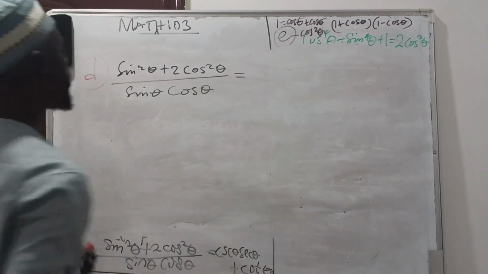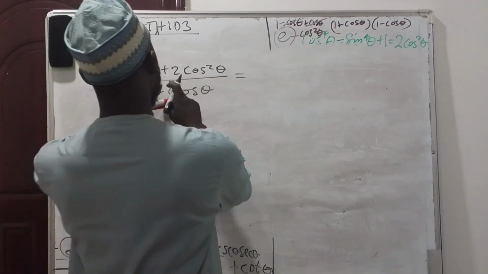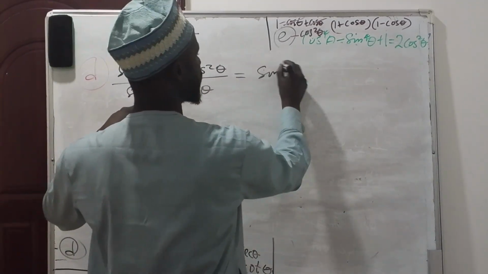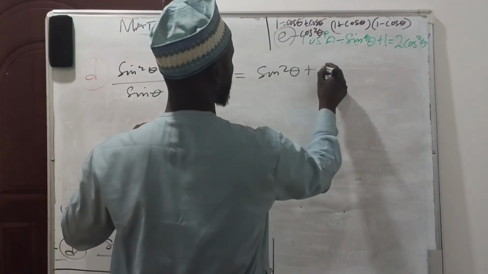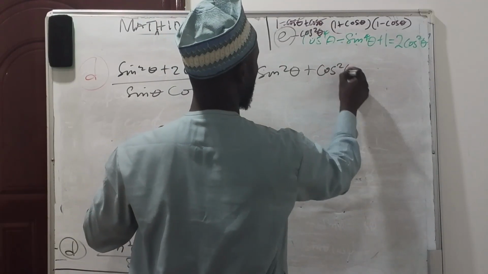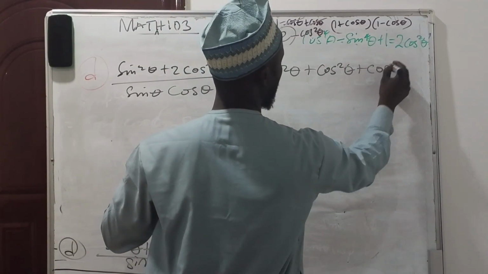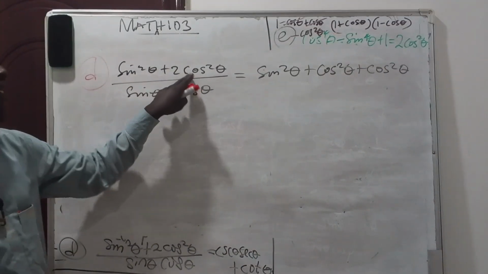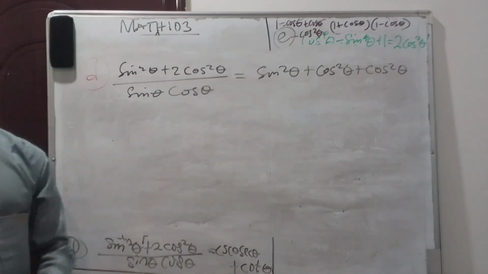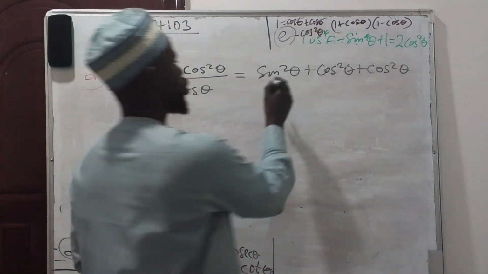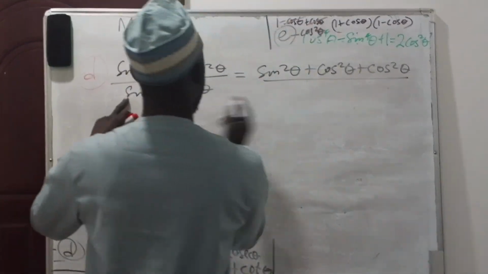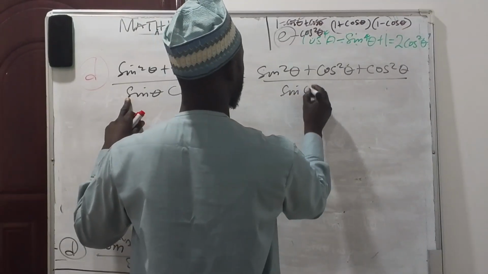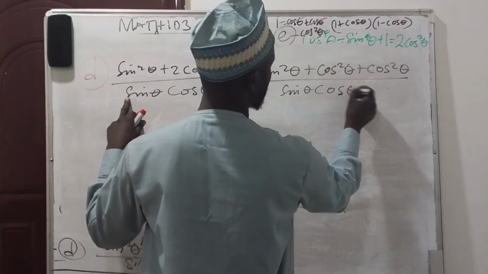I can write this as sine square theta plus cos square theta plus cos square theta, because the meaning of 2 cos square theta here is cos square theta plus cos square theta, divided by sine theta cos theta.